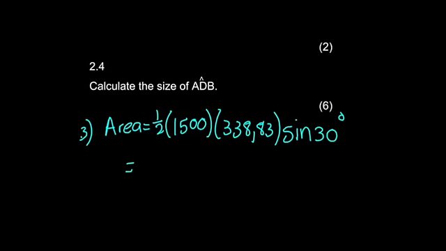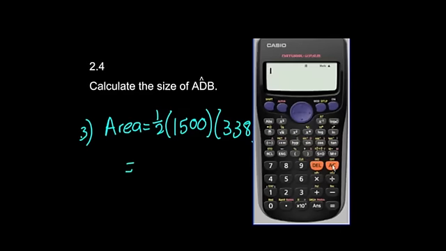Up comes our calculator. So it's a half, or 0.5, multiplied by 1,500, multiplied by the 338.83, multiplied by sine 30.